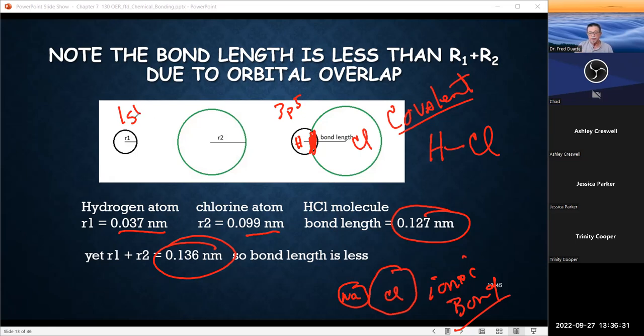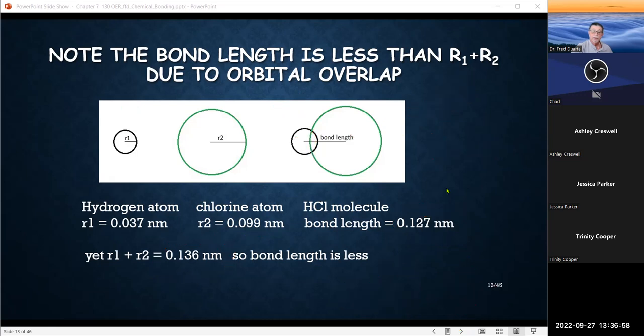And so the orbital of the hydrogen will interact with the p orbital of the chloride. There'll be some overlap. From a mathematical situation, the mathematical equations that describe these orbitals are rearranged to make a new orbital and new mathematical equation, which accounts for the overlap and that bond between them.